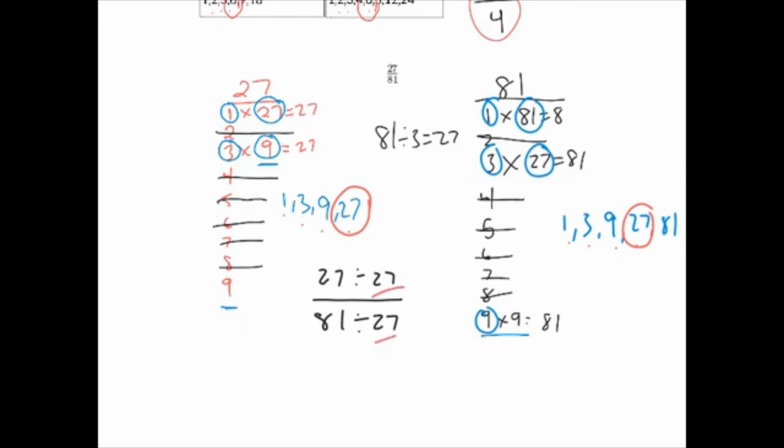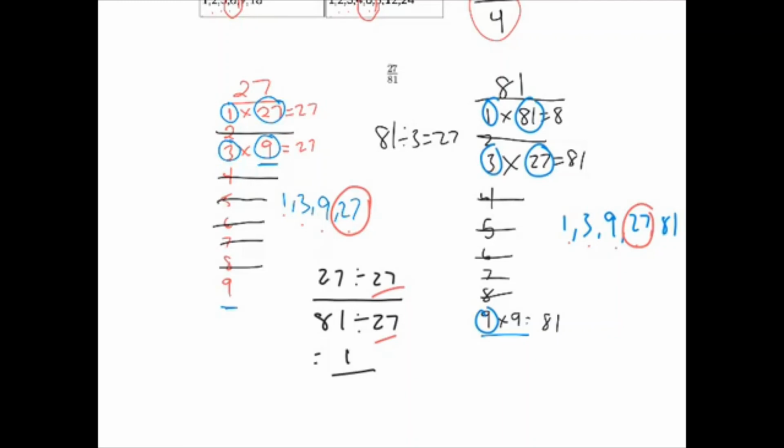So 27 divided by 27 is equal to 1. And 81 divided by 27, we can see here, would equal 3.